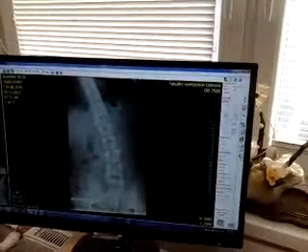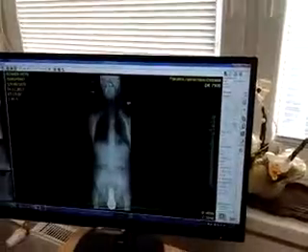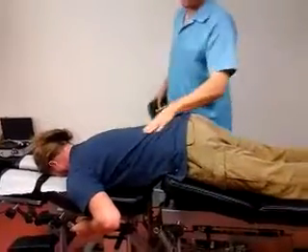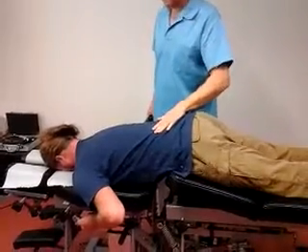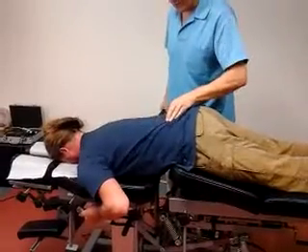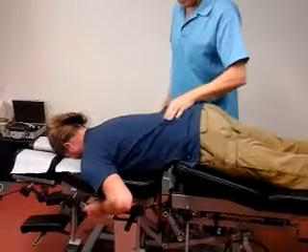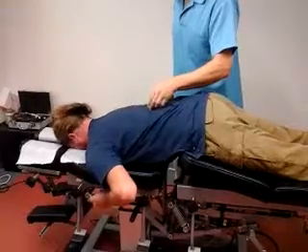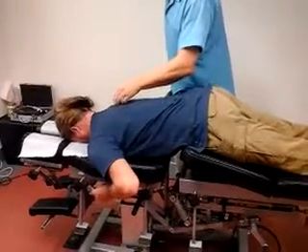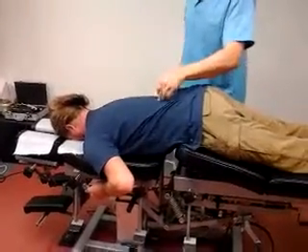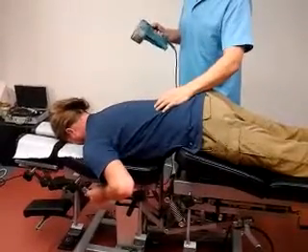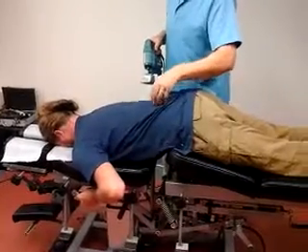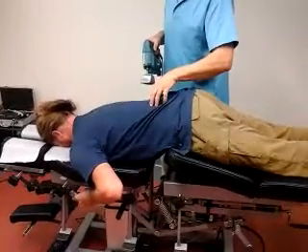So basically right now we just have him on abdominal suspension. So right now we can see that we have an increase in tone on the left side, which means that the spine is going this way to the left and then deviating to the right a little bit. I'm going to use my converted jigsaw. We're never going to vibrate on the convex side.